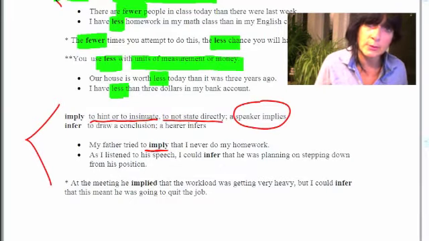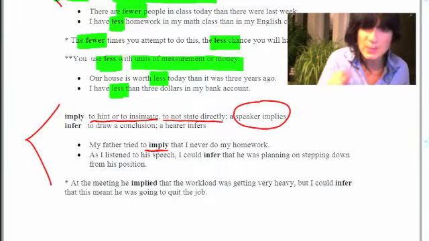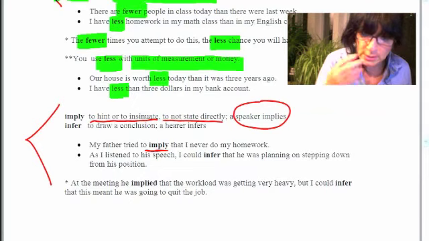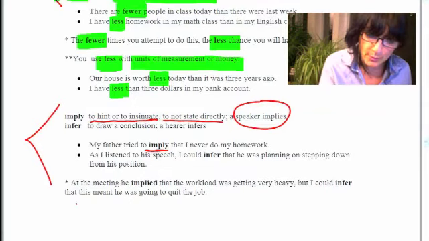He might say to you, your marks could be a lot higher if you tried more. So maybe he's implying if you did more homework, if you were more devoted, then you would have higher marks. So he's just implying without actually telling you you're never doing your homework.